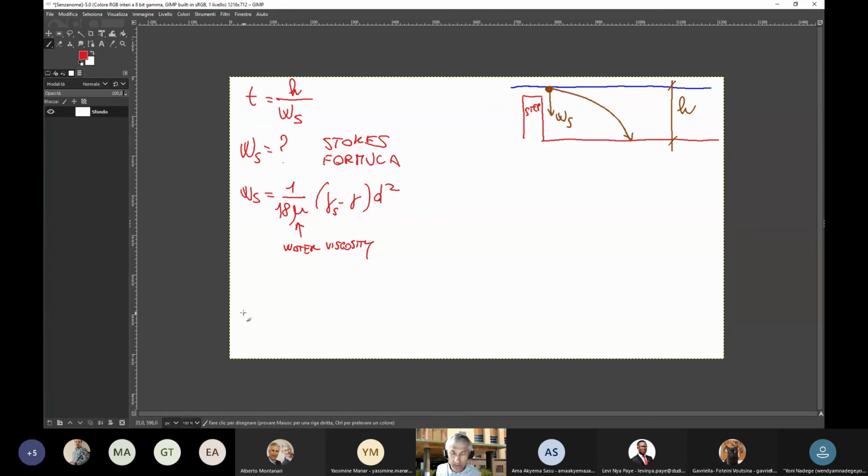So D is given, and gamma S is the usual value of 2,500 kilograms force per cubic meter, and you need the specific weight of water, and the water viscosity I don't remember by memory, but if you go on any manual, you find it. Okay, so Ws is easy to estimate.